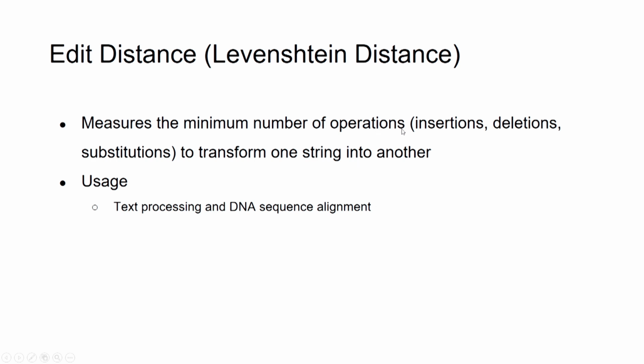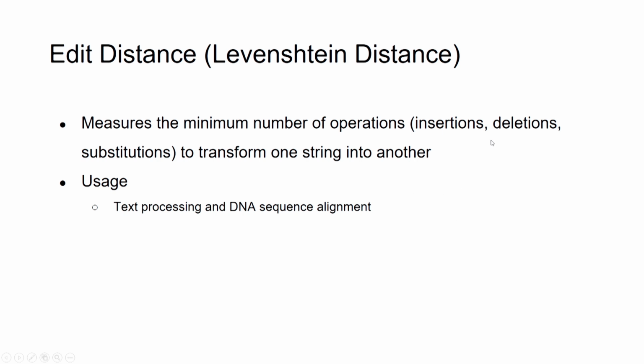And generally these operations are defined as insertion, deletion or substitution. So, you may insert some element in the first string, you may delete some element from the first string, or you may substitute some element with another element, and then finally the first string can be converted into the second string.